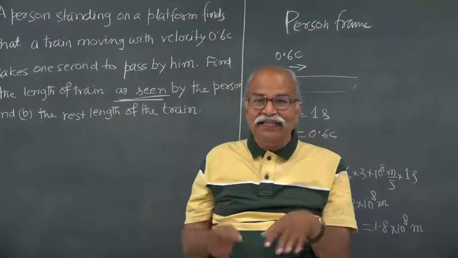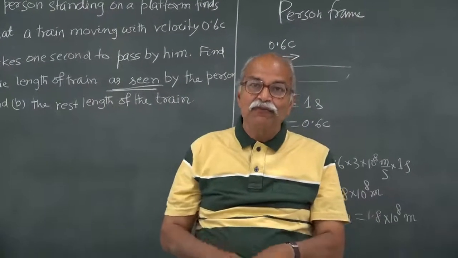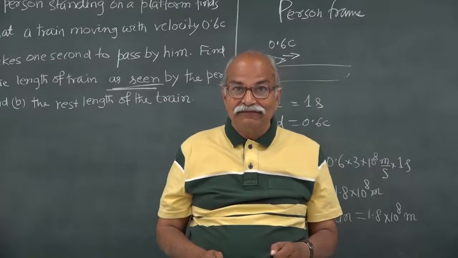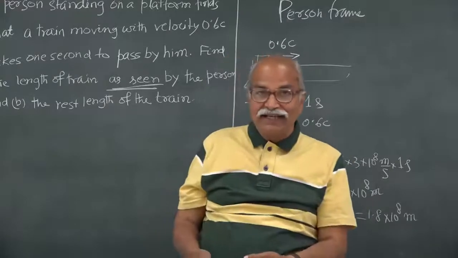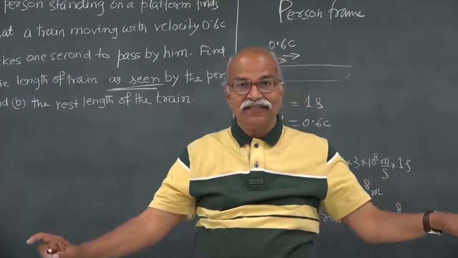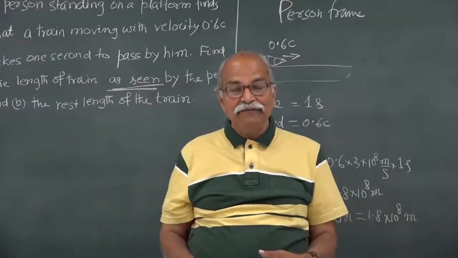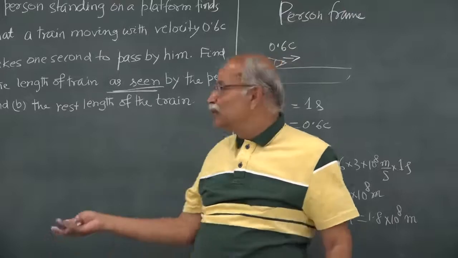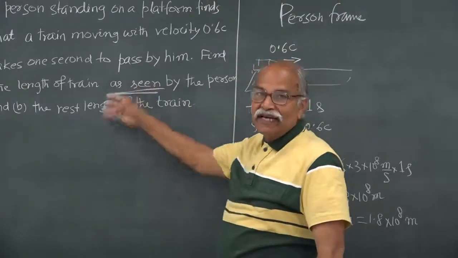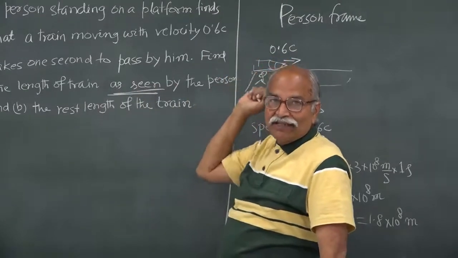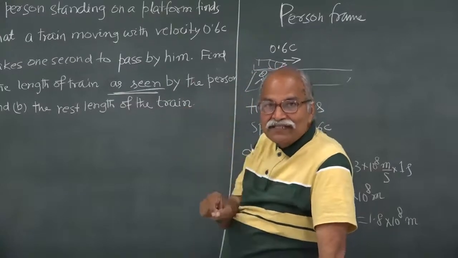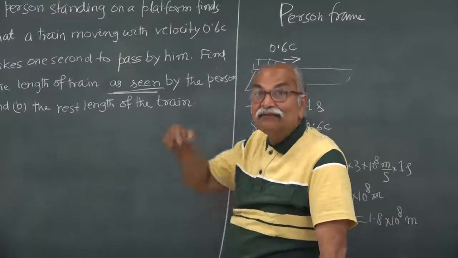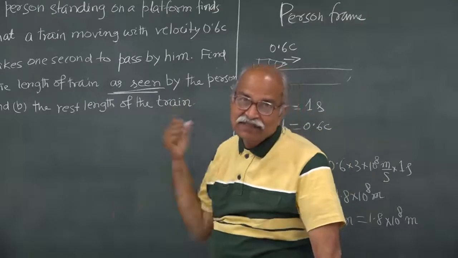As seen means in that person's frame, what is the length? How he finds that length, we are not concerned with this. In the person's frame, this is the length. So, that is the meaning. We will be using these kinds of words, as seen by, as observed by, but do not think that the process of observation or process of seeing is involved in solving such problems.